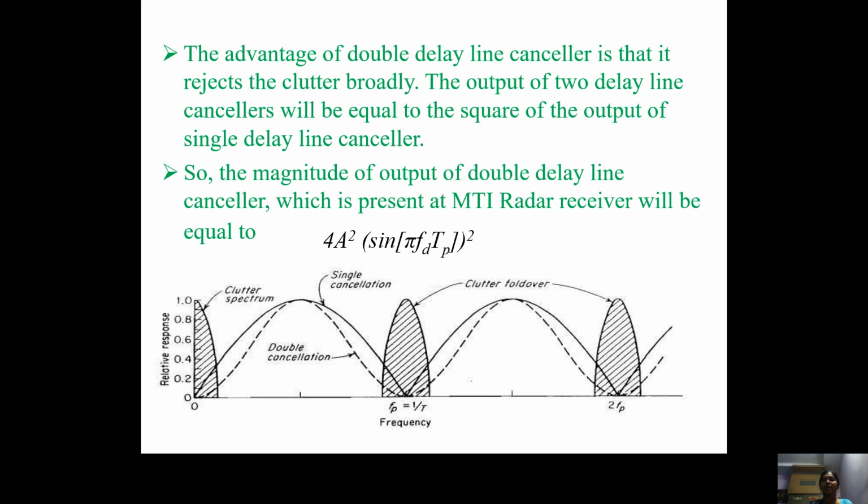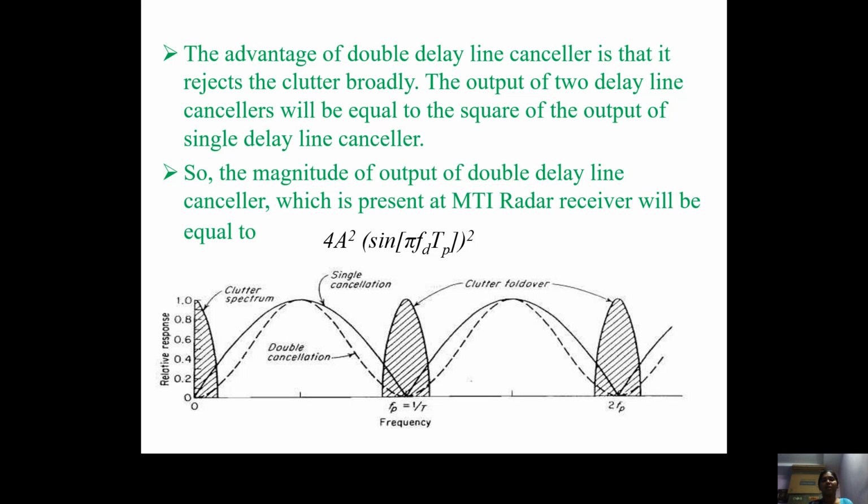If we increase the number of delay lines, the output is always the square of the input. So the magnitude of the output of the double delay line canceller, which is present in the radar receiver, will be equal to 4a square sin pi FDTP whole square.